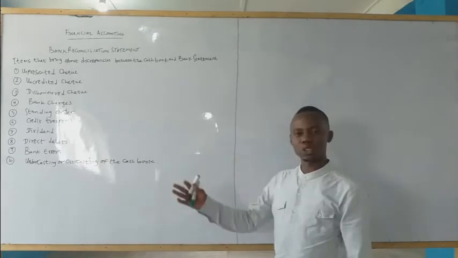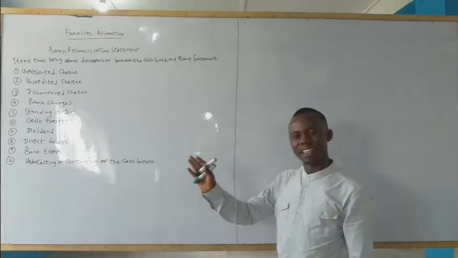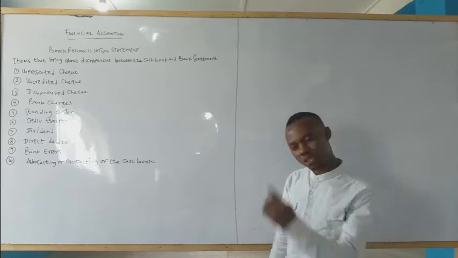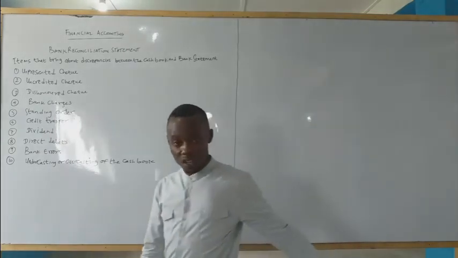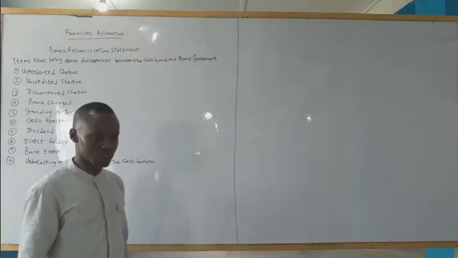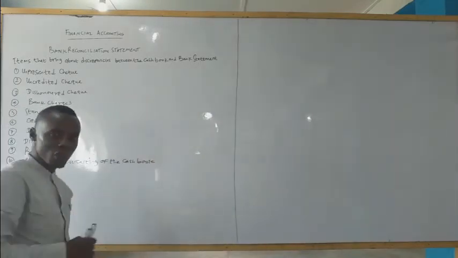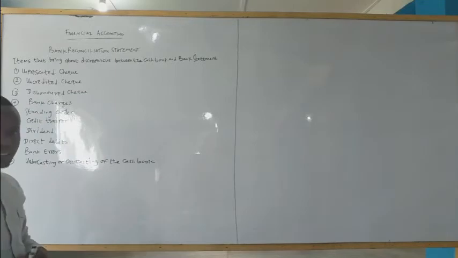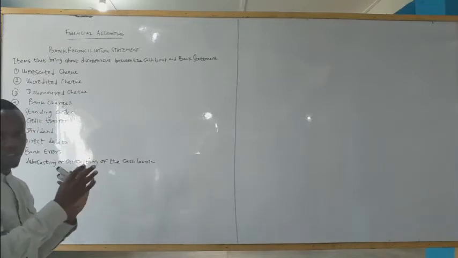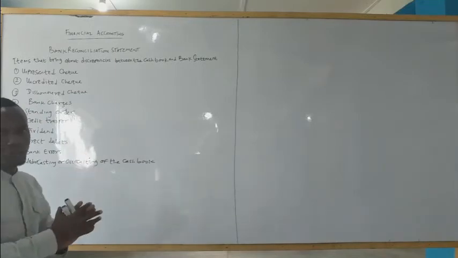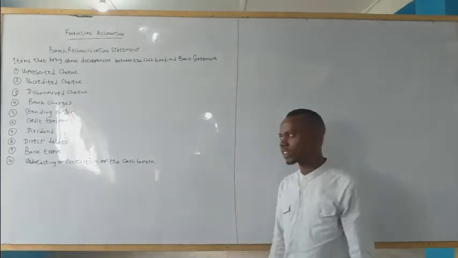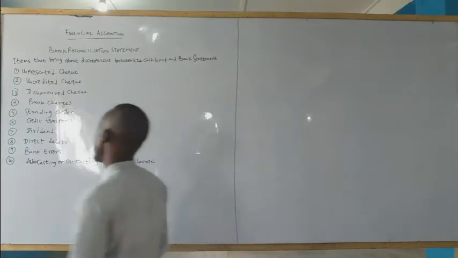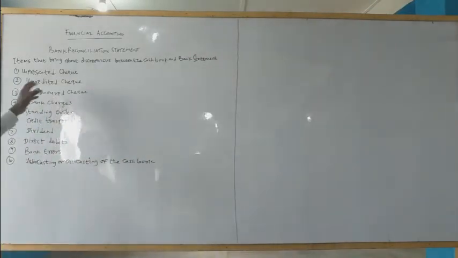We compare those two to make sure that they are in line with each other during that period of one month, from January 1st to January 31st. So what are those things that will cause differences is what we are looking at, and we want to make sure that everything is reconciled so that we can move on to the next accounting period. So first we look at unpresented checks.